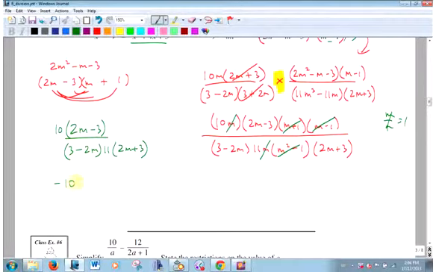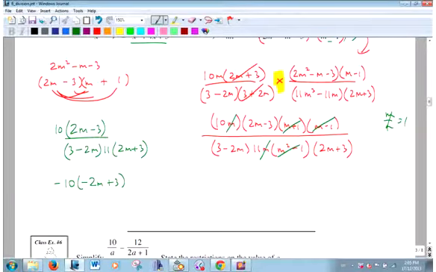Let's make that a -10. Then that will change the signs on these guys. Okay, but check it before you go on. This gives me 20m. Is that 20m? Yes. That gives me -30. Is this -30? Yes. That's the same as this.